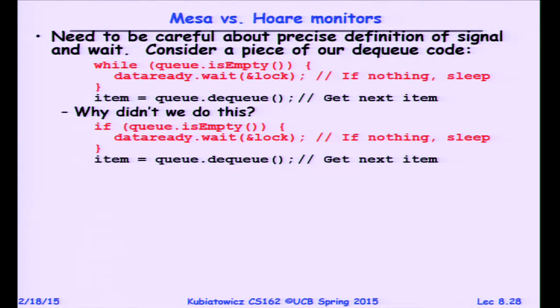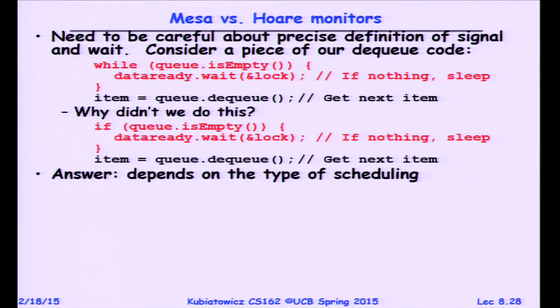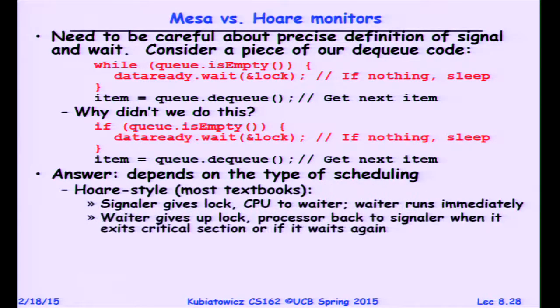Well, in fact, this really depends on the type of scheduler you have. Okay, there are two types of scheduling. There's something called Hoare-style scheduling, which is named after the person who originally came up with this, in which the signaler gives the lock immediately to one person he just woke up, and that person immediately wakes up and runs, and you know for a fact that there will be something on that queue.